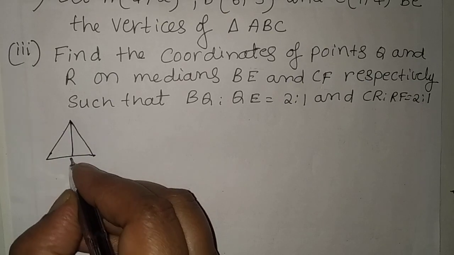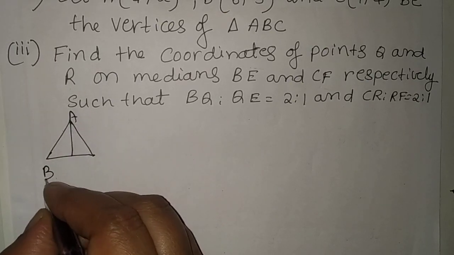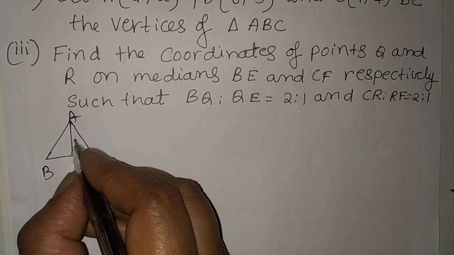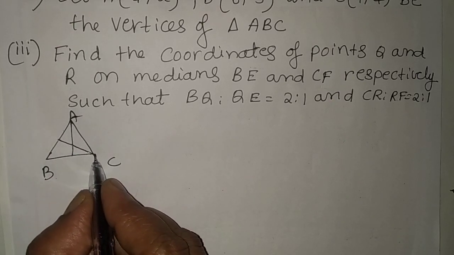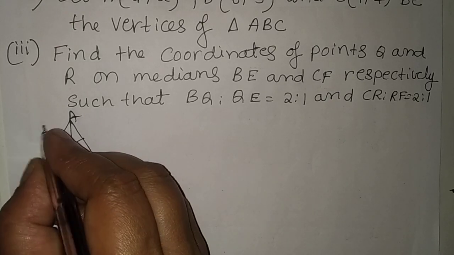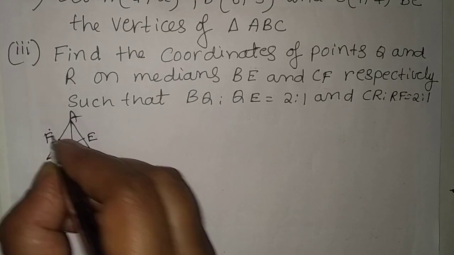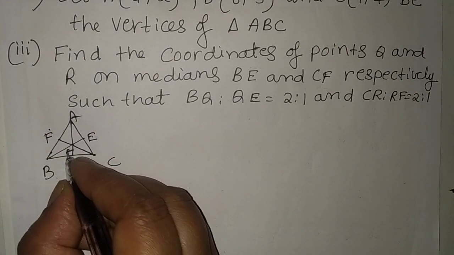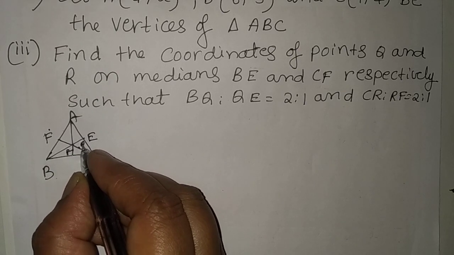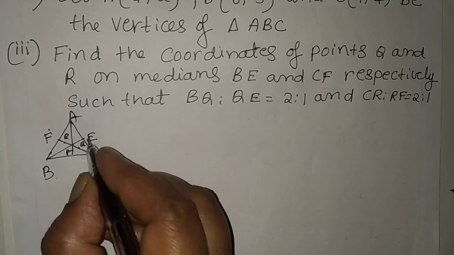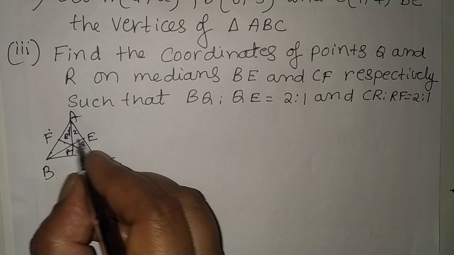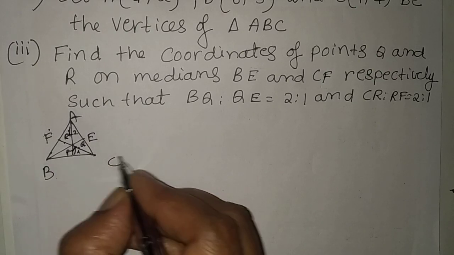So this is A, B, C, and here this is E, F. We finished P. Now Q and R we have to find out. They are given 2 and this as 1.